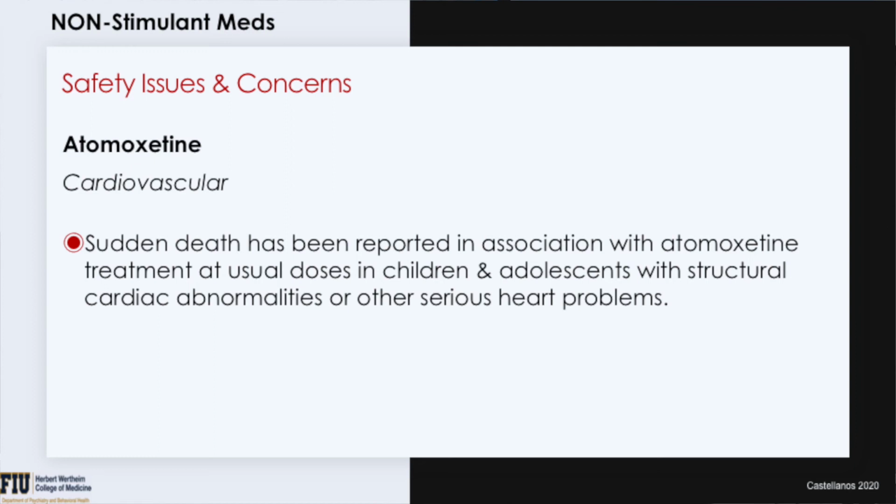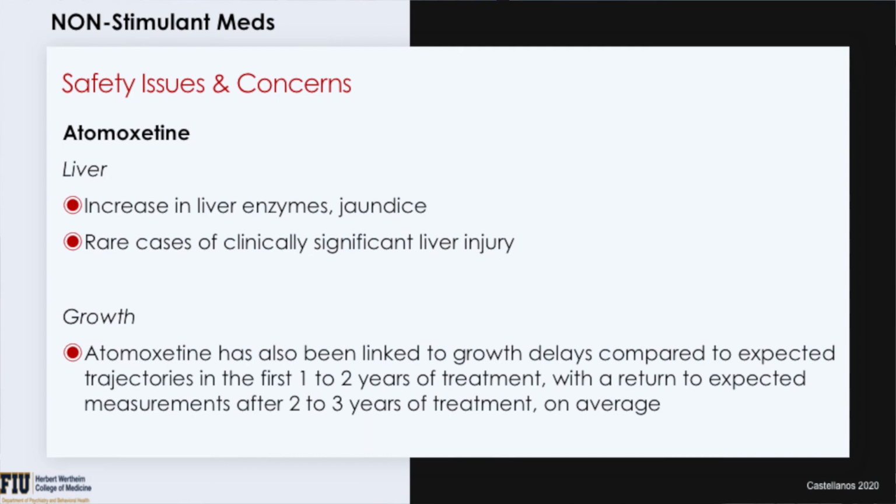We know that there have been these, and I'm not sure even how many case reports there are, of cardiovascular-related deaths with atomoxetine, and it looks like if there was pre-existing cardiovascular disease, which is again similar, that diathesis, that predisposition, is a similar risk as with the stimulants. Atomoxetine comes with a warning about liver enzymes, and it's typically benign.